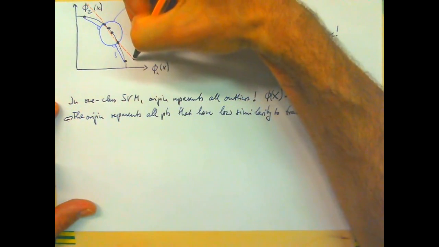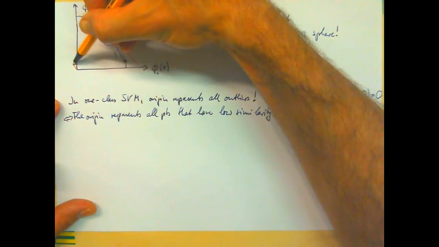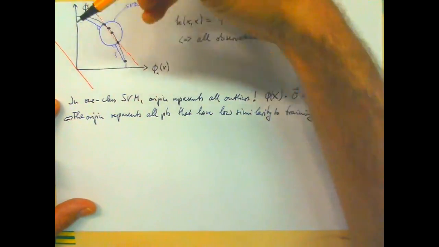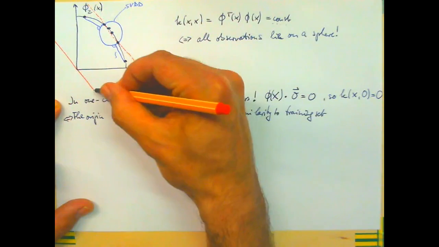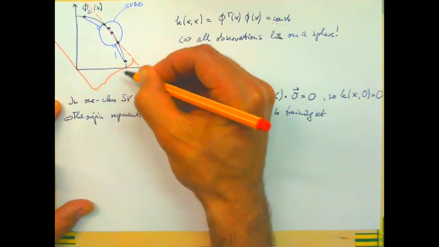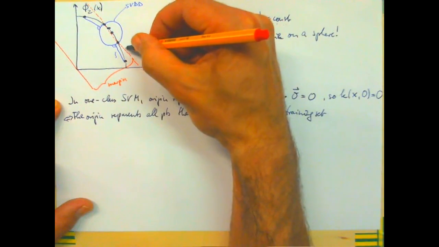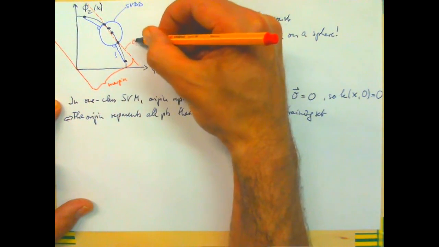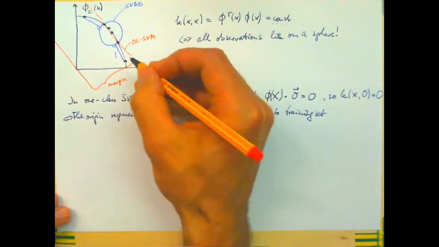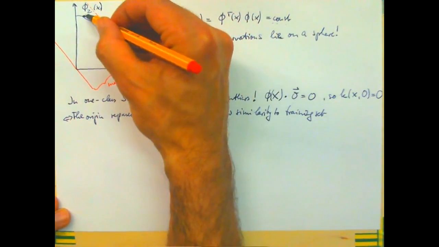This would be the margin, and if you wish, I can also draw the actual decision boundary. And this is now the one class SVM, which also has slack variables, but now the slack is measured as distance from this hyperplane.